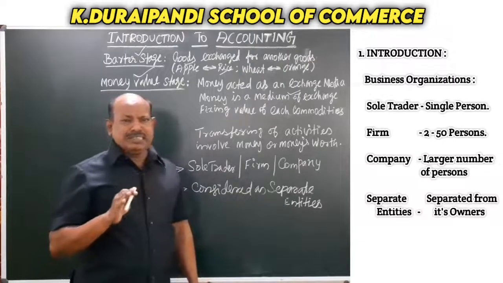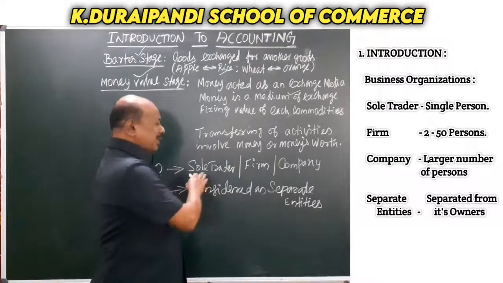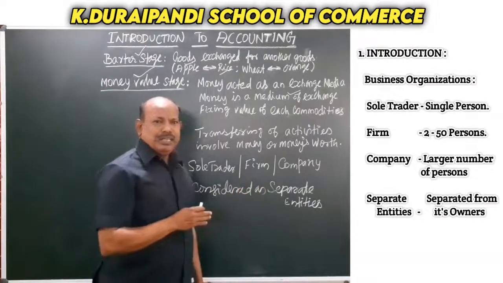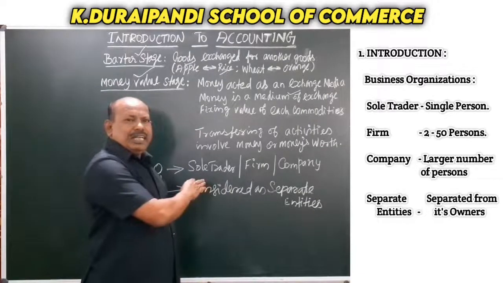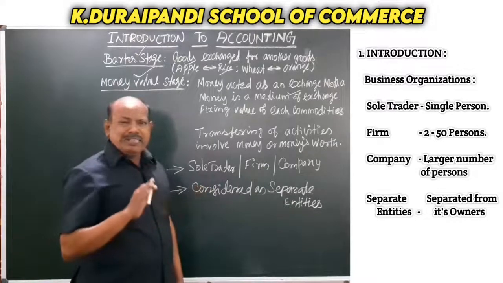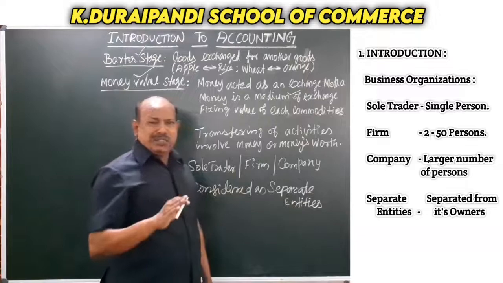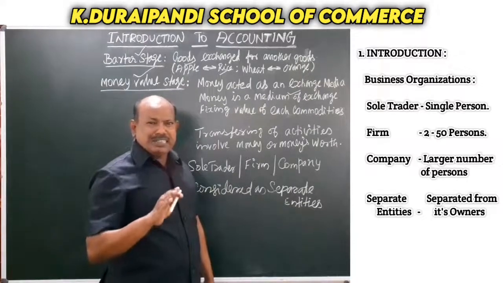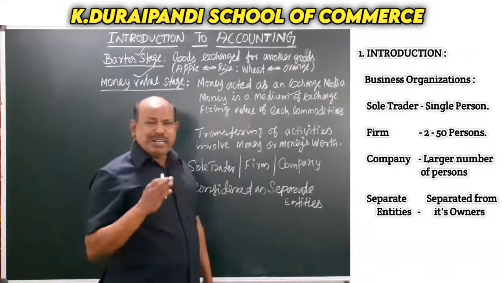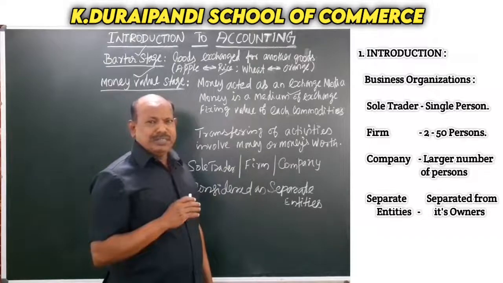Business organizations are of three types: sole trader, firm and company. Sole trader is a business organization which is run by a single person. Firm is also a business organization which is run by two or more persons, a maximum of 50 persons.